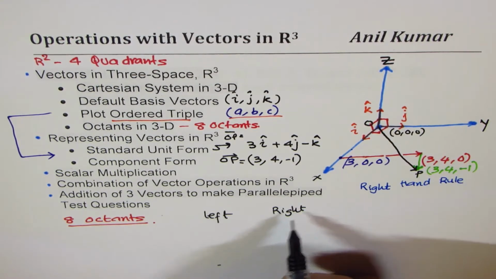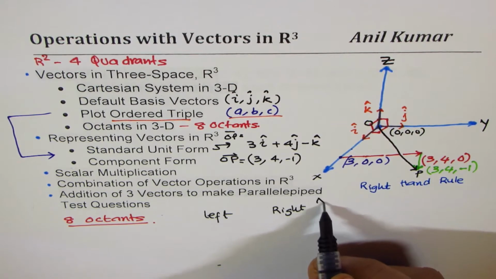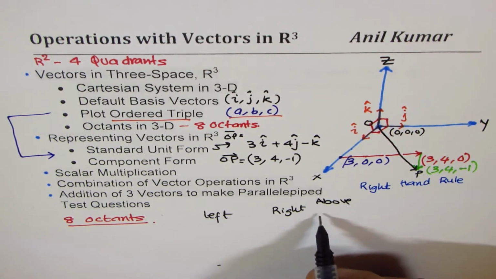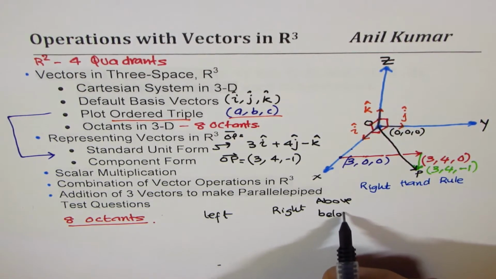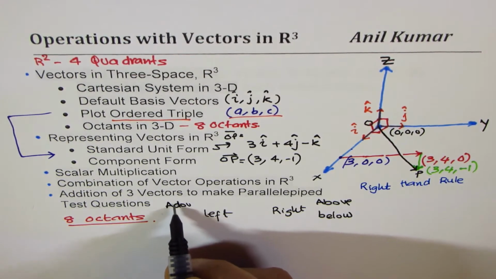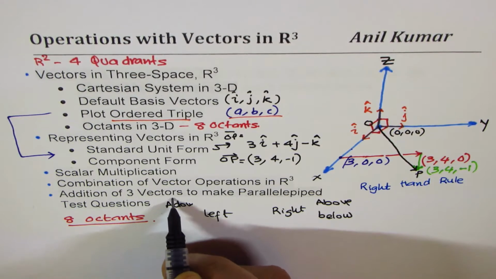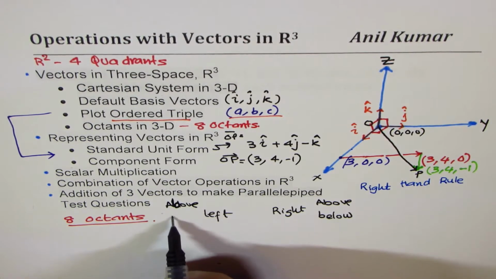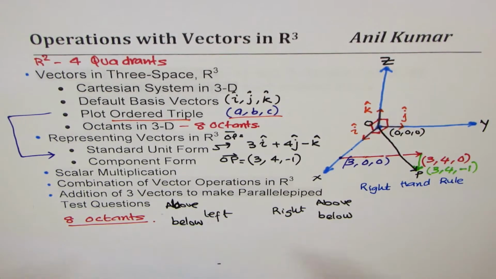So on each side, it could be above or below, right? So that gives you 8 different positions.